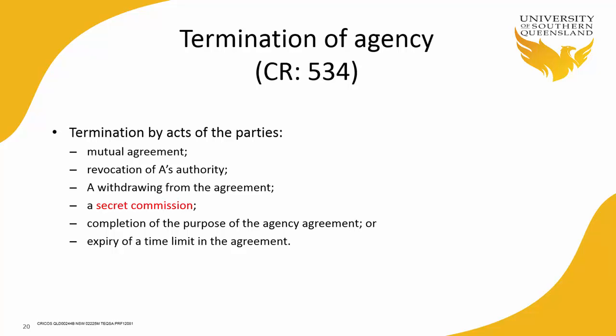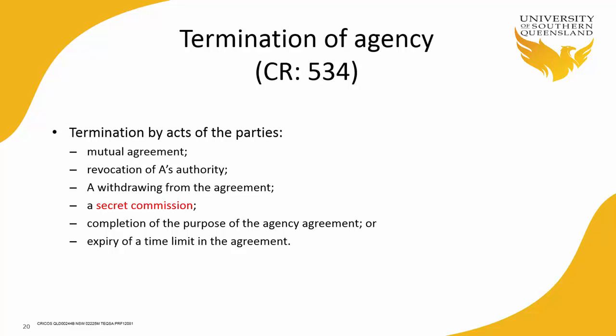Now, there could be many ways of termination, either through mutual agreement or revocation of the agent's authority. And this could, by the way, be done at any time by the principal and without the agent's consent. There could also be termination by the agent withdrawing from the agreement or because of secret commission.